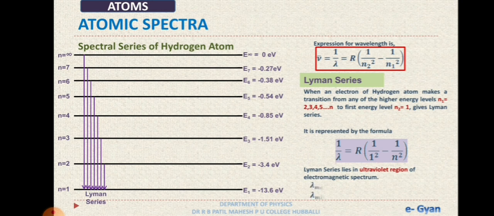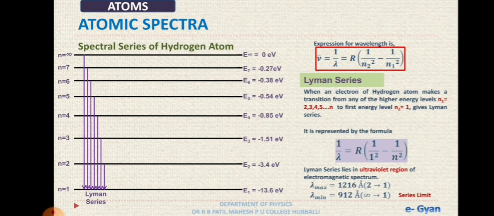Therefore, the maximum wavelength for Lyman series is 1216 angstrom, which is due to the transition of an electron from second energy level to first energy level, whereas minimum wavelength is 912 angstrom, which is due to the transition of an electron from infinity to first energy level.